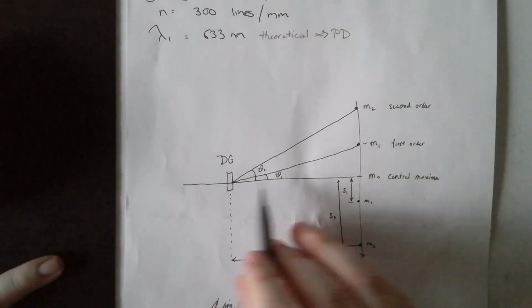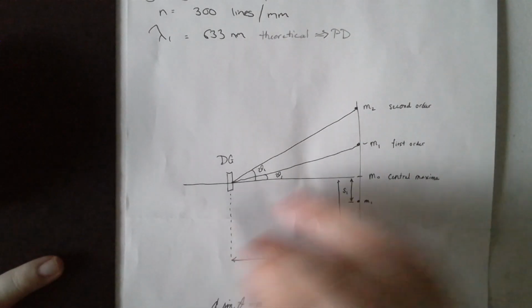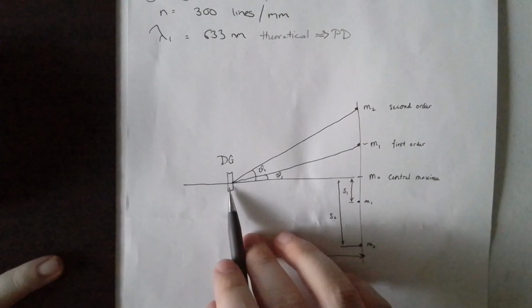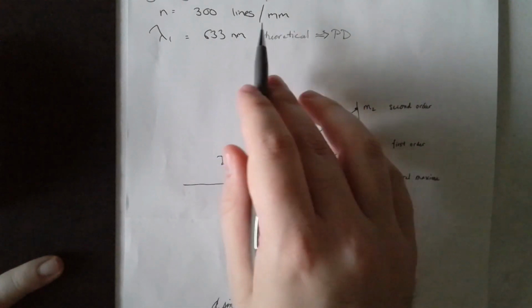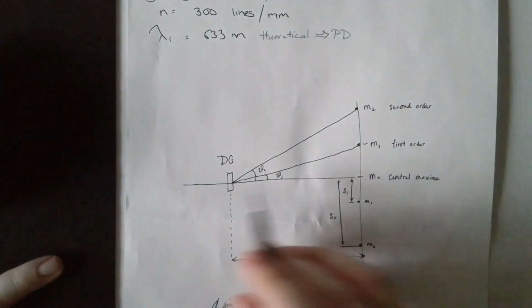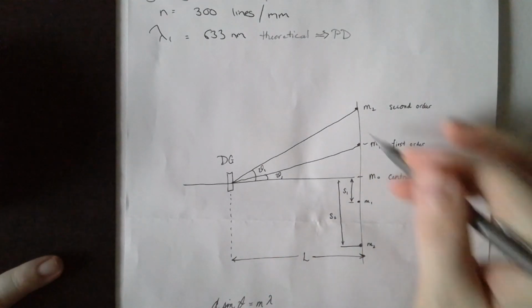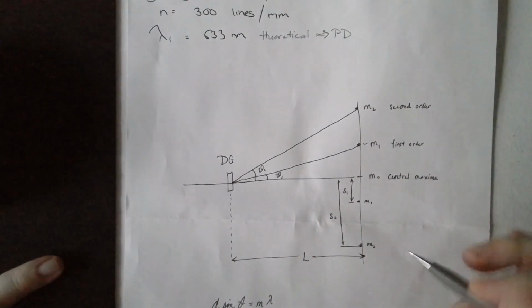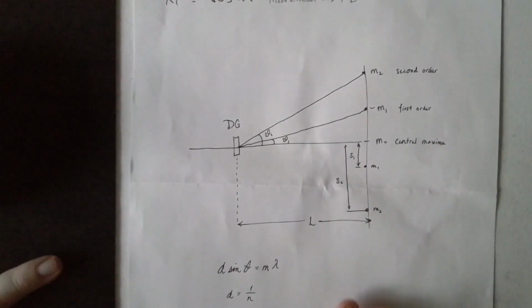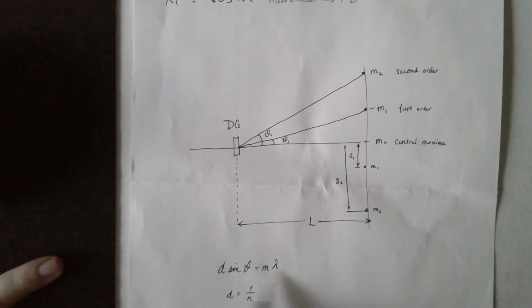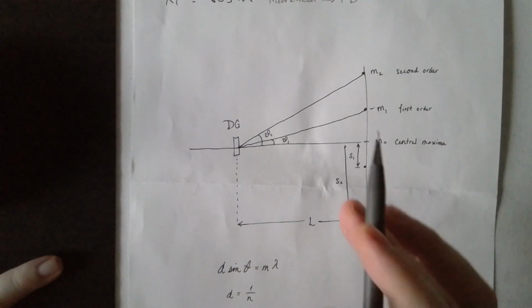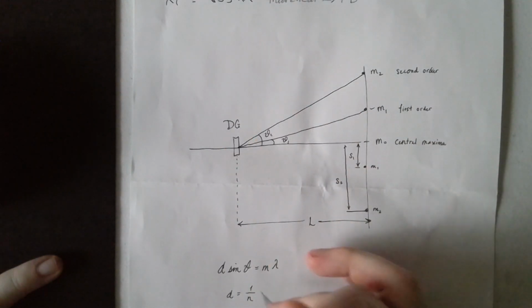The diffraction grating will diffract the light based on the wavelength and the size of the slits between each other, and will form a diffraction pattern based on this particular equation down here, where d is related to the number of lines or slits per unit length via this equation here.